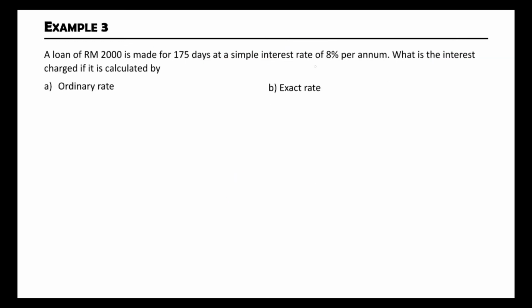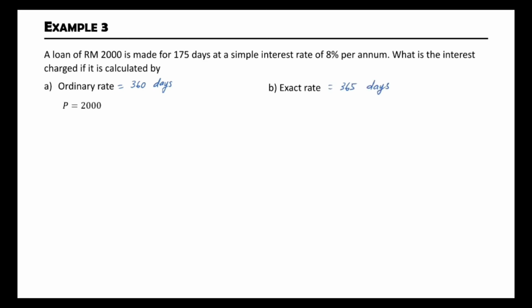Example 3. A loan of 2,000 ringgit is made for 175 days at a simple interest rate of 8% per annum. What is the interest charge if it is calculated by ordinary rate? Ordinary rate means 360 days per year, and exact rate means 365 days per year.